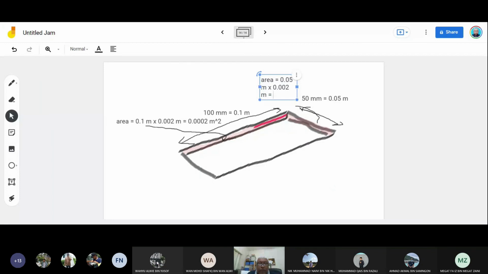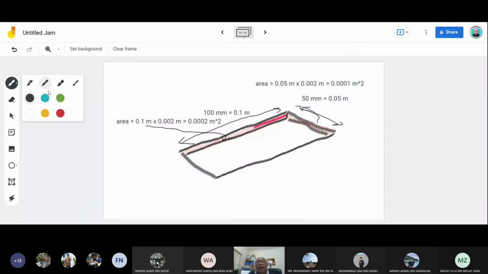You get 0.0001 meter squared. So this is what you have lost in this area here.